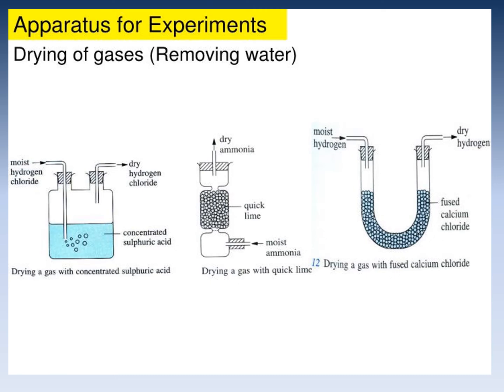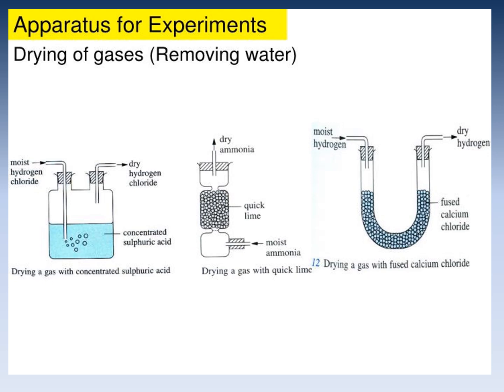Now the figure shows three sets of apparatus and the chemicals used to dry gas. In diagram number 1, concentrated sulfuric acid is used to dry moist gases including chlorine and hydrogen chloride. However, it cannot be used to dry ammonia because it reacts with ammonia.